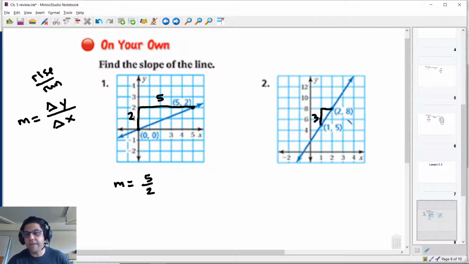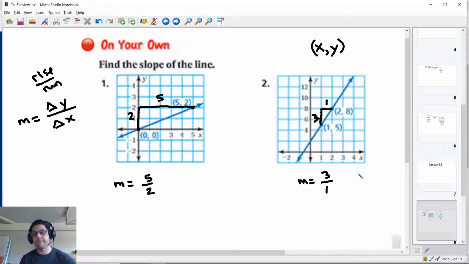And I know that because a 5 increasing by 3 will get me to my 8. Because remember, the y is your second number. Your ordered pair is always x, y. And then my run is 1 box. My x-axis is counting by 1. So it means my slope is 3 over 1. This one you could reduce to 3, though, especially when we get to writing equations in 8th grade.